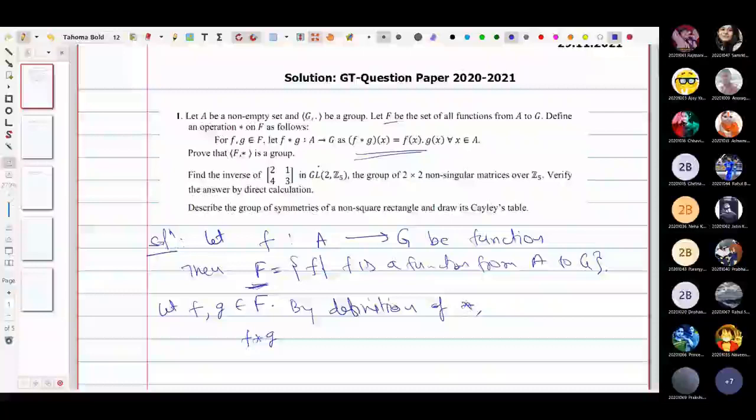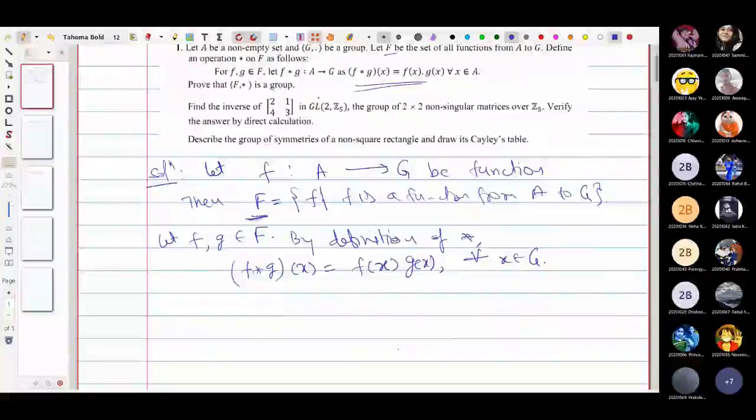When we are taking the composition of these two functions, this is equal to f(x) times g(x), and this is true for all x belongs to A.